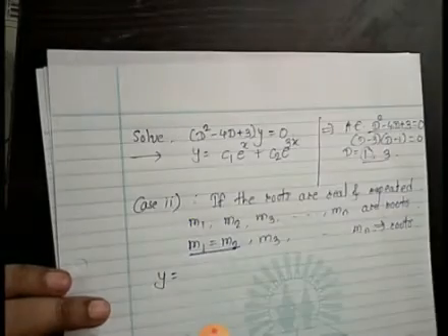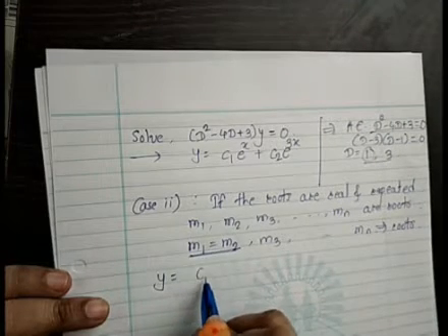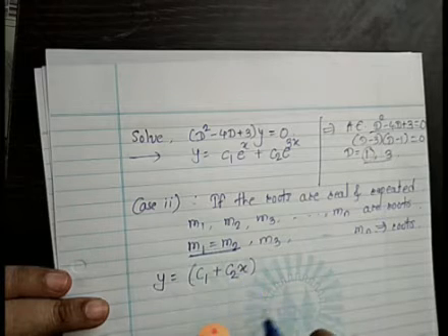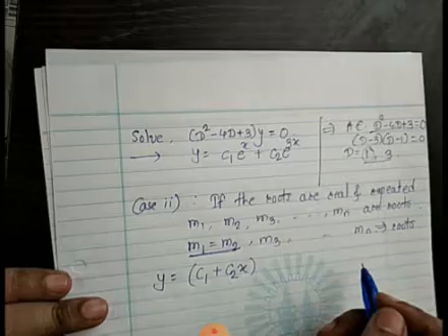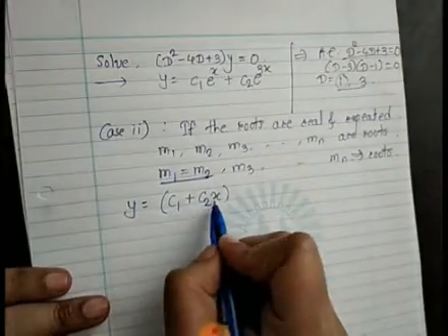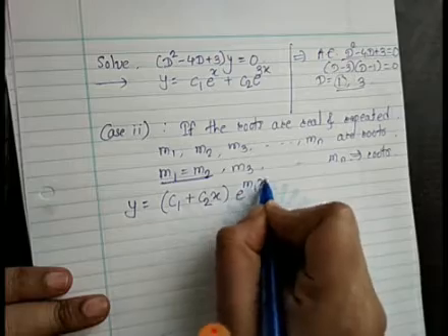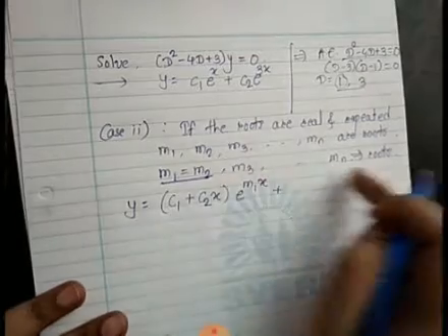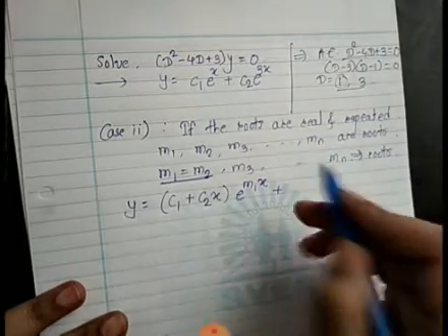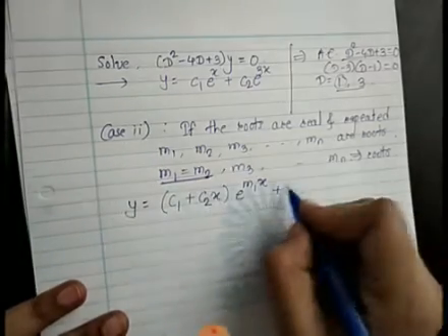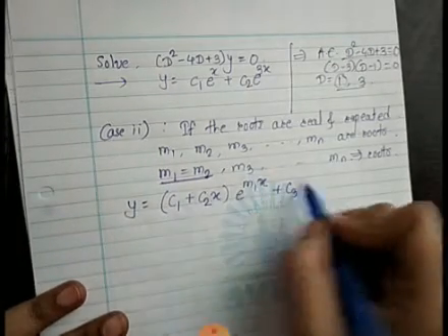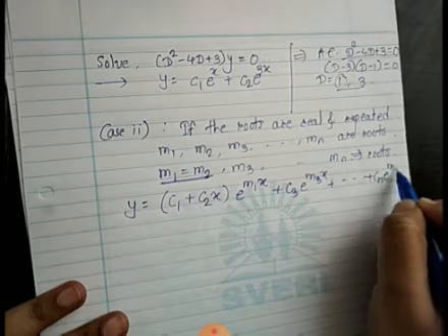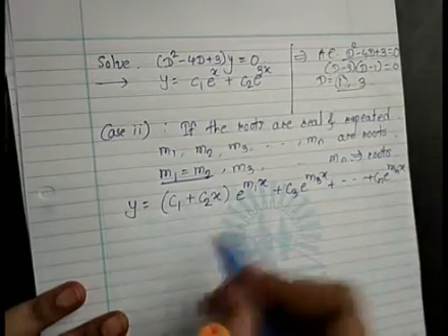So as these are repeating, we have to write (C1 + C2 x), not just C1 + C2, a linear term in the constants. So (C1 + C2 x) e^(m1 x), or e^(m2 x), both are same. And beyond that, all are real and different, just the first two are repeated. So we can give the next constant, that is C3 e^(m3 x) plus so on, Cn e^(mn x). Okay, forget that.